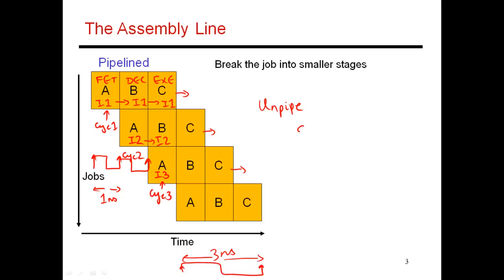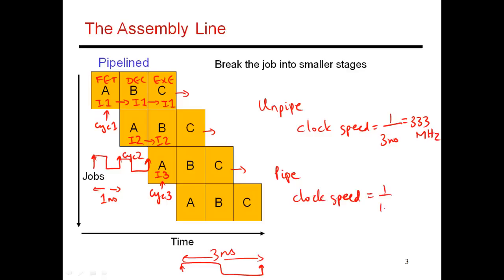And so my clock speed is 1 by 3 nanoseconds, which is 333 megahertz. With my pipelined design, with 3 stages, my clock speed is much faster because there's a rising clock edge every 1 nanosecond. So my clock speed is now 1 gigahertz.